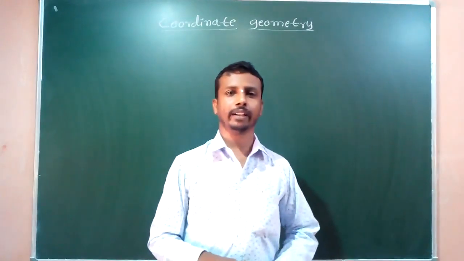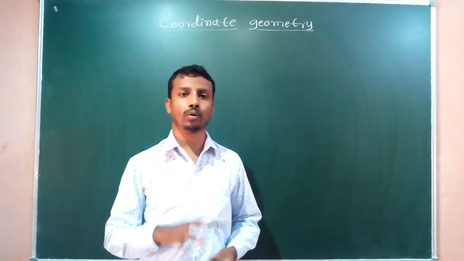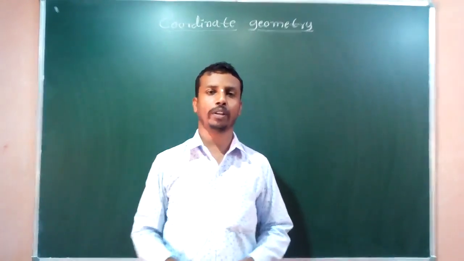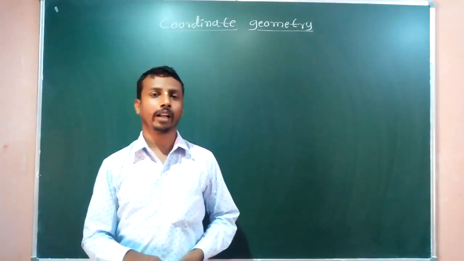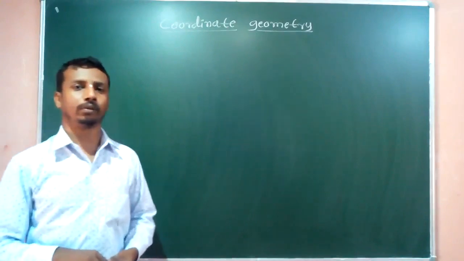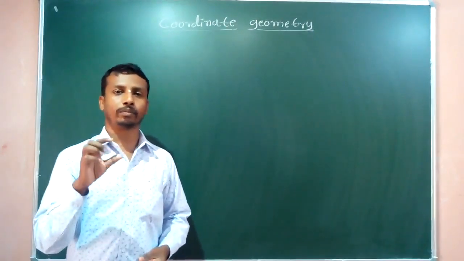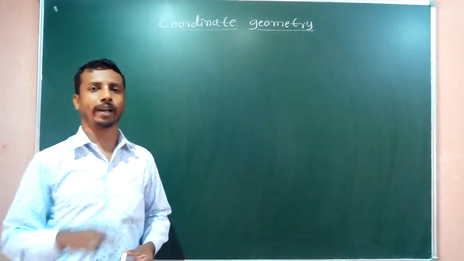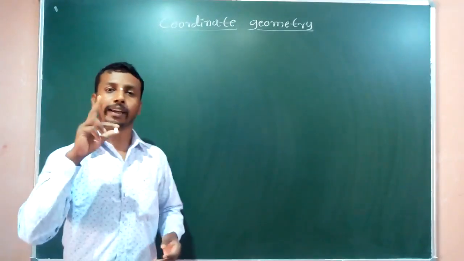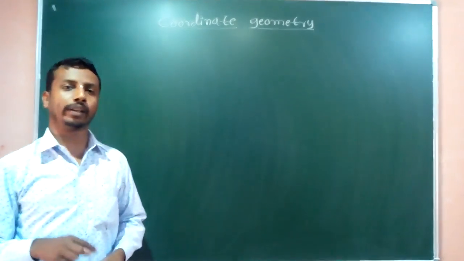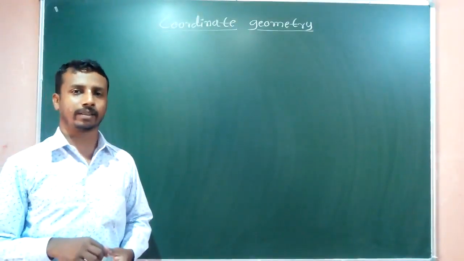In ninth standard you have studied to locate the position of points on the plane. We also learned that the distance of the point from the y-axis is called the x coordinate, or abscissa.